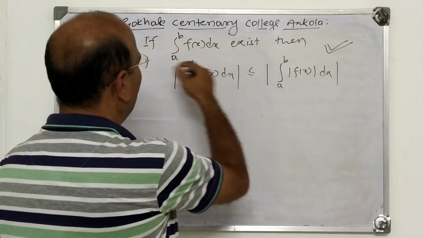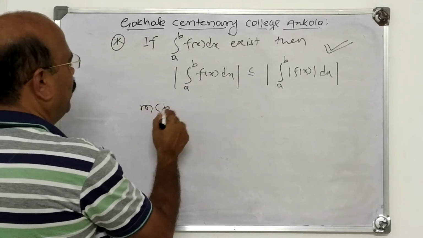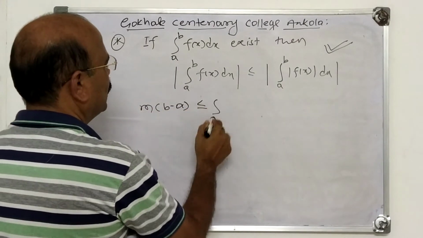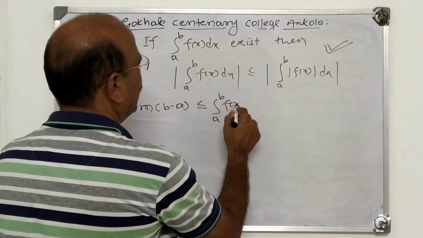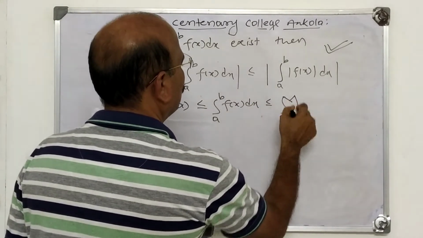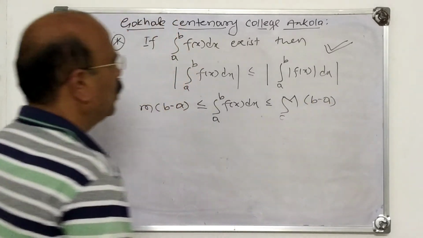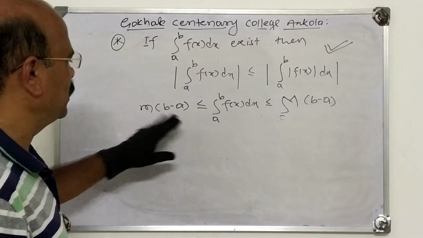Now it is the corollary to that inequality. What is the inequality? m into (b minus a) is less than or equal to integral a to b f(x) dx, which is less than or equal to capital M into (b minus a). This is the inequality. All the results are based on this.